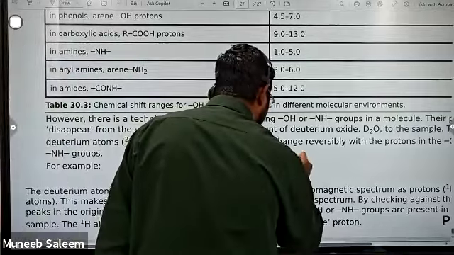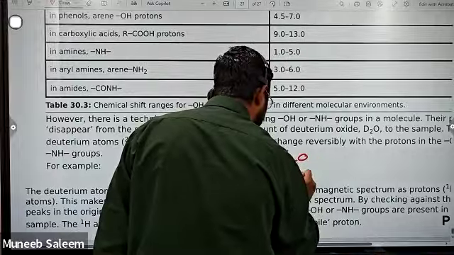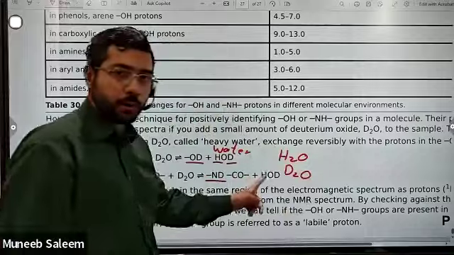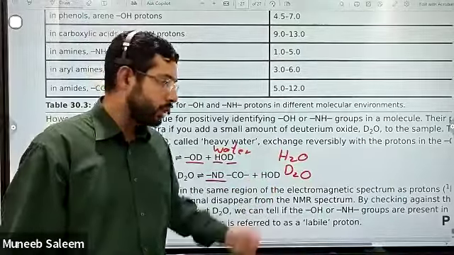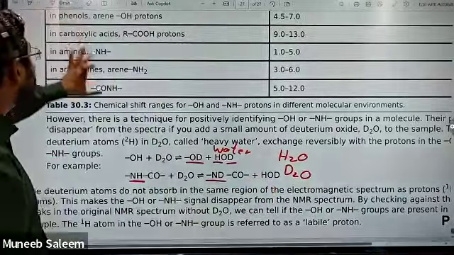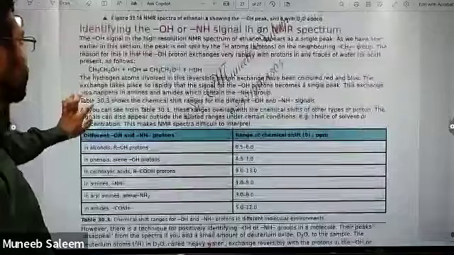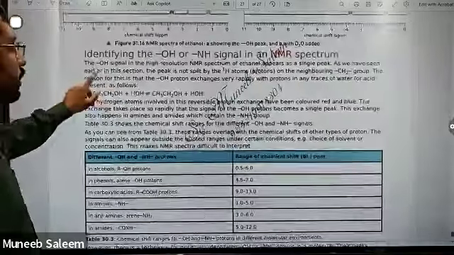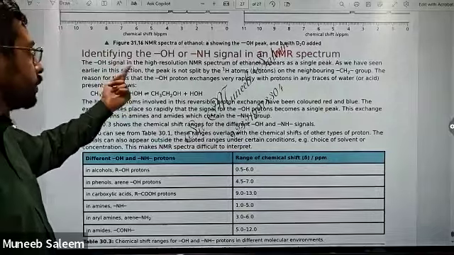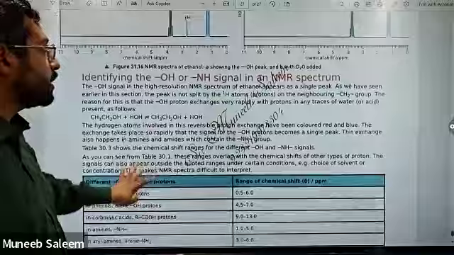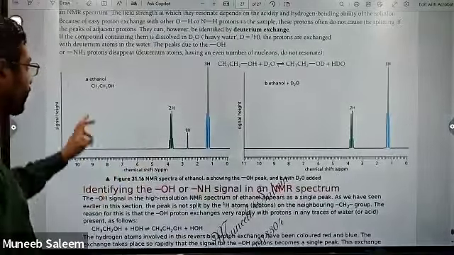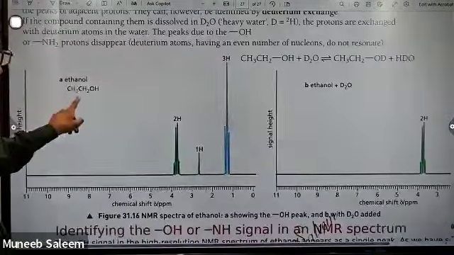You know that water could be H2O, it could be D2O, but what if we have one hydrogen atom and one deuterium, then you will write it like this, HOD. So basically, the exchange of the hydrogens with the deuterium will help you to indicate the presence of the OH or the NH peak. For example, over here, we had the compound of ethanol.